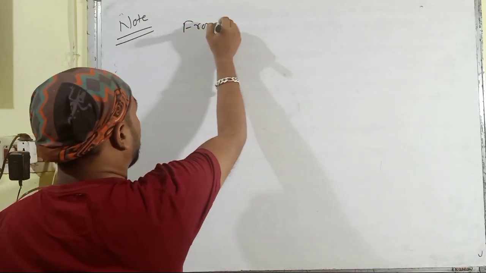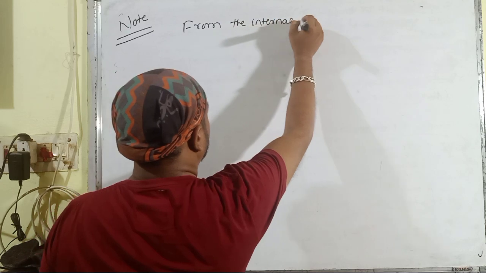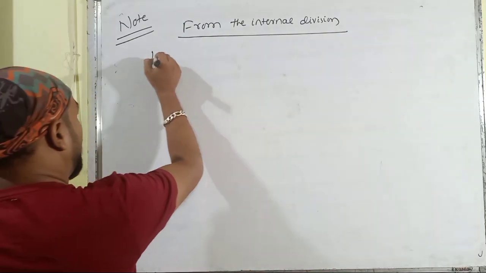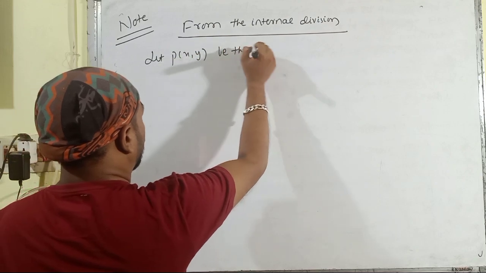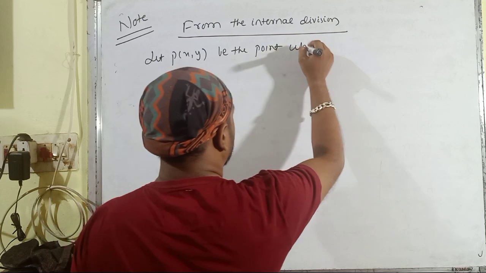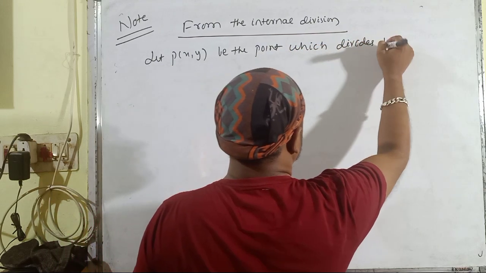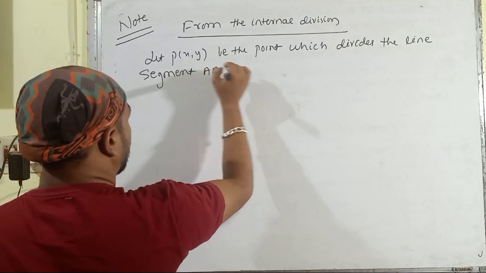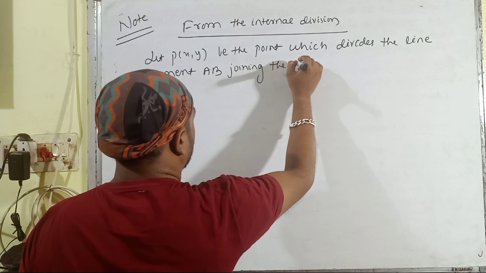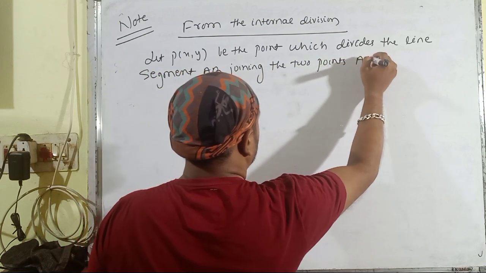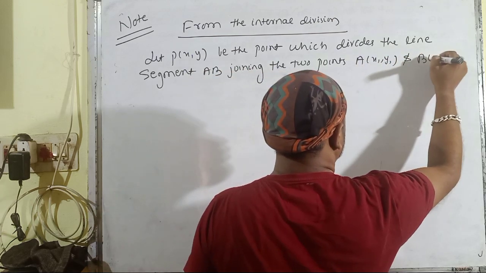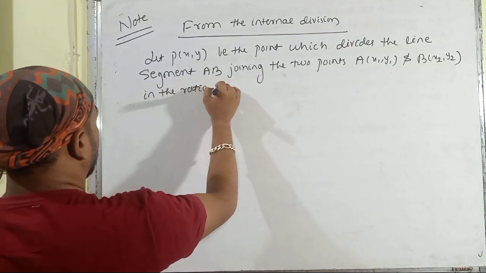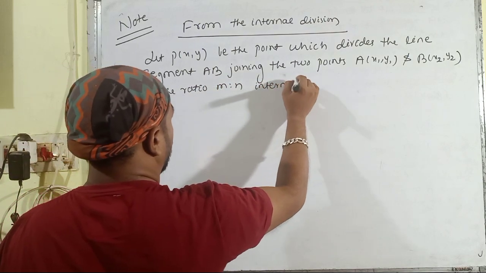From the internal division, let P(x, y) be the point which divides the line segment AB joining the 2 points A(x1, y1) and B(x2, y2) in the ratio m:n internally.